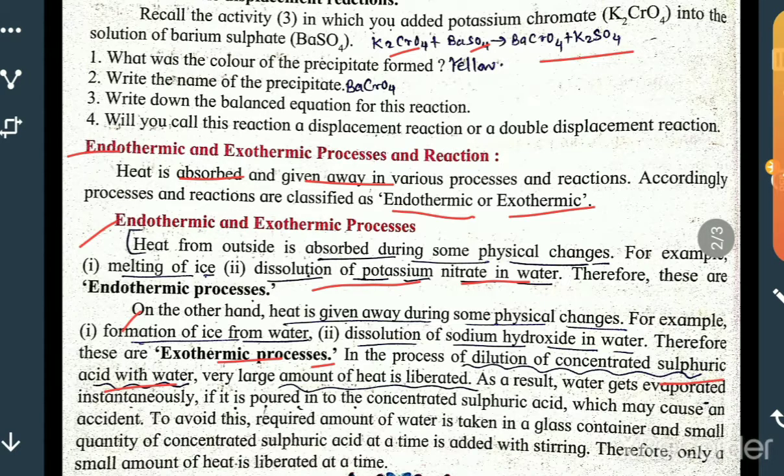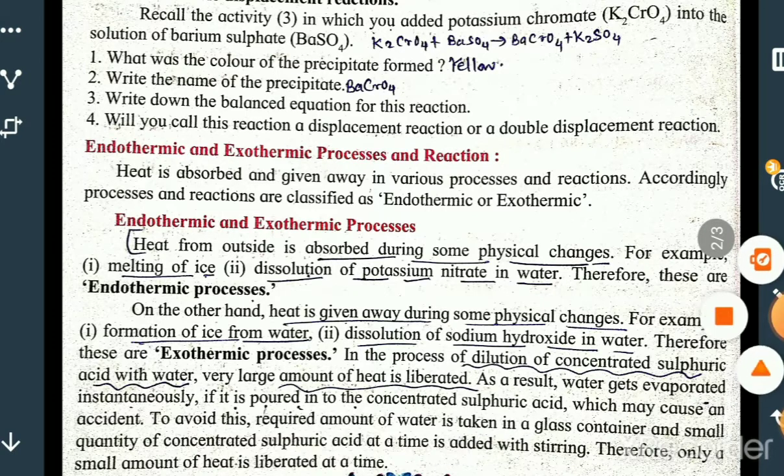As a result, water gets evaporated instantaneously, if it is poured into the concentrated sulfuric acid, which may cause an accident. To avoid this, the required amount of water is taken in a glass container and a small quantity of concentrated sulfuric acid at a time is added with stirring. Therefore, only a small amount of heat is liberated at a time.